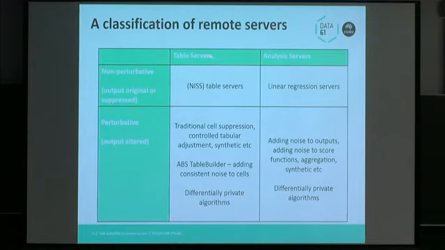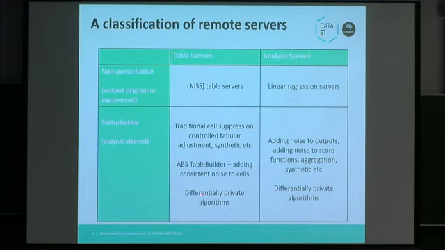So for tables, we've got traditional cell suppression, controlled table adjustment, synthetic tables, all of these ideas. And also about the same time, the ABS table builder was invented, adding consistent noise to cells. I don't actually work too much in tables, but just from the outside, this is the one that seems to be getting the most implementations, if you like.